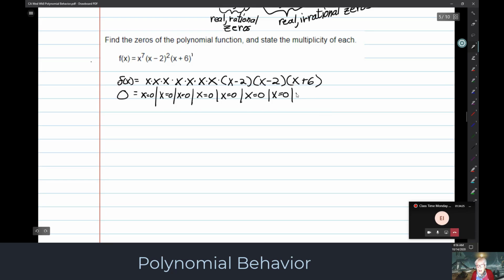Okay, now x minus 2 equals 0. X minus 2 equals 0. X plus 6 equals 0. All right, now I have to solve each of these for x, but the 7 x's are already solved. Now this, I'm going to add 2 to both sides.